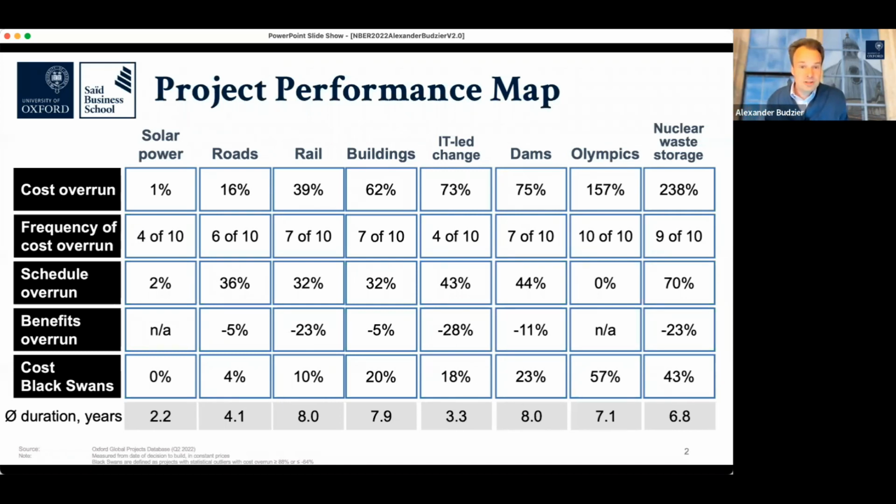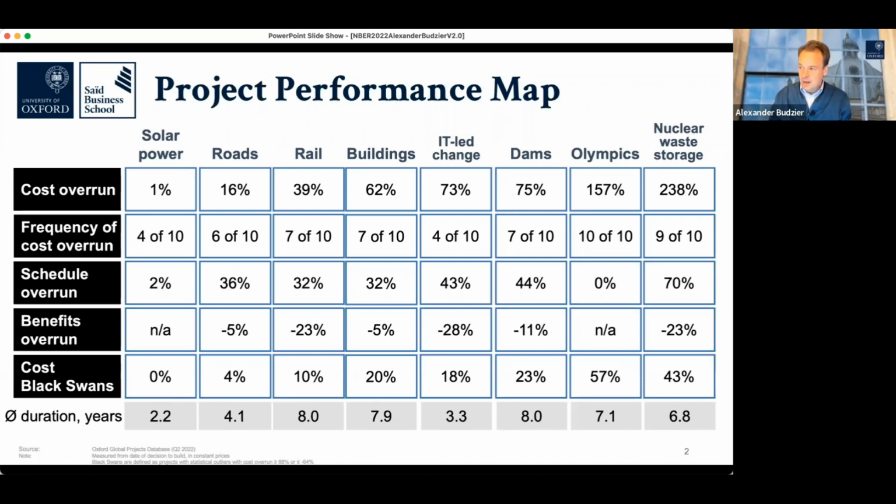The worst project category, and I know it's not particularly part of this audience here, but you might be tangentially impacted by this because it might happen in your state, and we're burning a lot of taxpayers' money at the moment, is to find storage locations for nuclear waste, where the mean overrun is 238% with 70% delay for these projects. And there's also quite a large benefit shortfall in terms of usable capacity at the end of it.